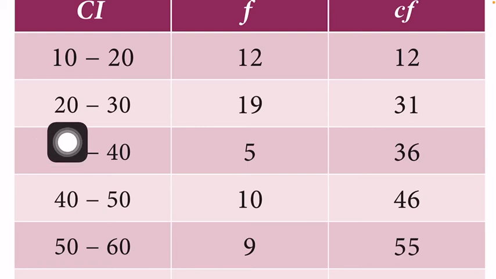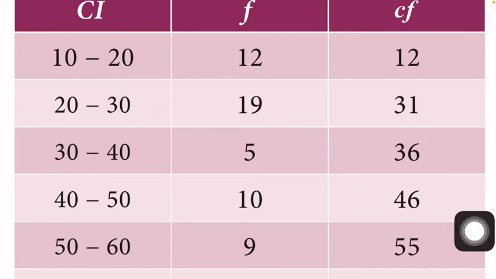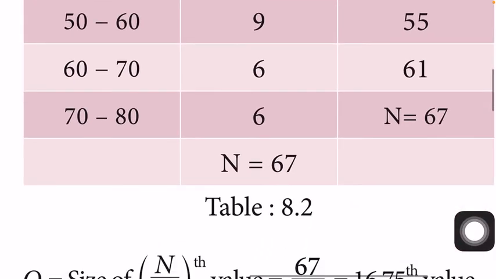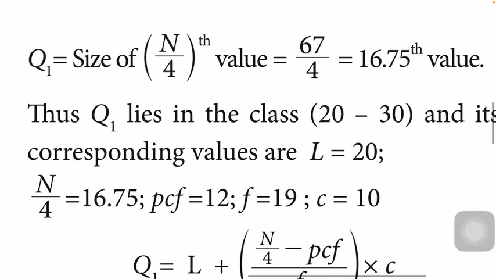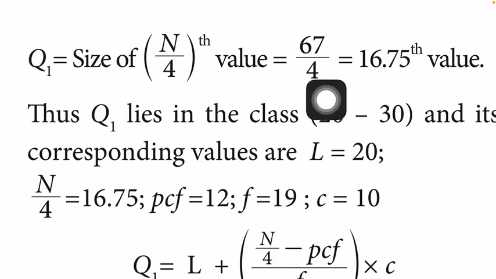In that interval, the range lies between 20 and 30. So 20 is the lower limit and 30 is the upper limit. Since it is 20 to 30, we take L as 20, and n by 4 is 16.75, which we have calculated here. PCF means previous cumulative frequency.